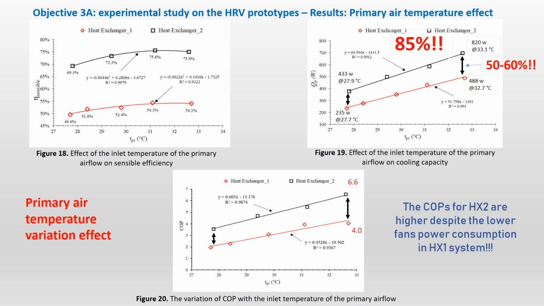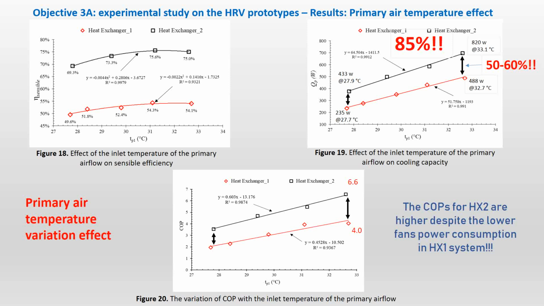Now that's good, but it's not very good, mainly because we are going to have pressure drop due to the turbulences inside the heat exchanger. So good improvement in terms of the efficiency, in terms of the heat transfer rate, which we call the cooling capacity, and of course with the COP value.